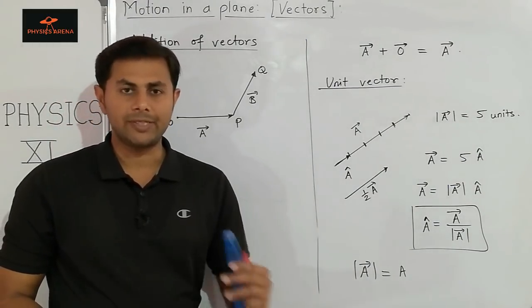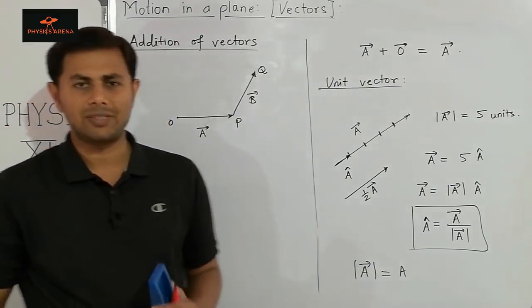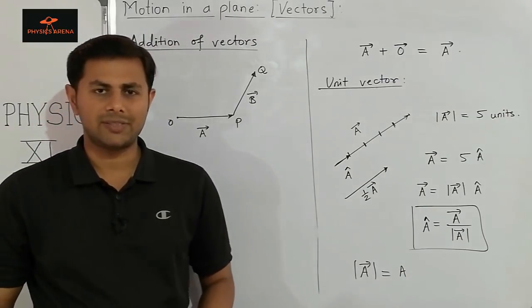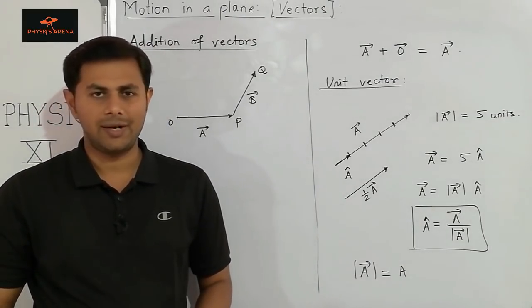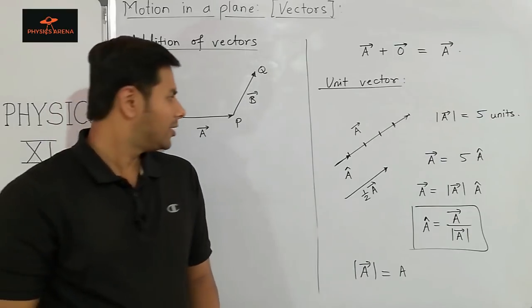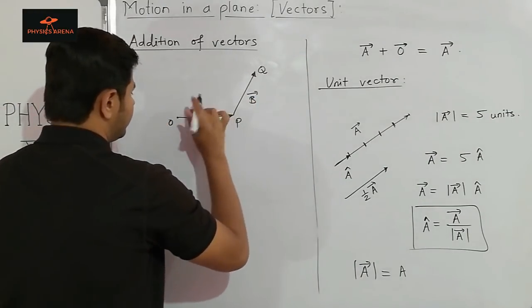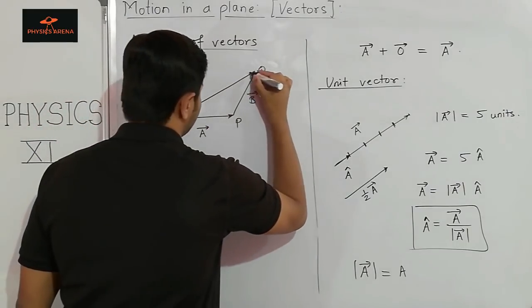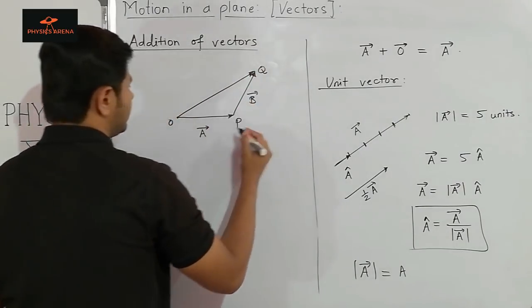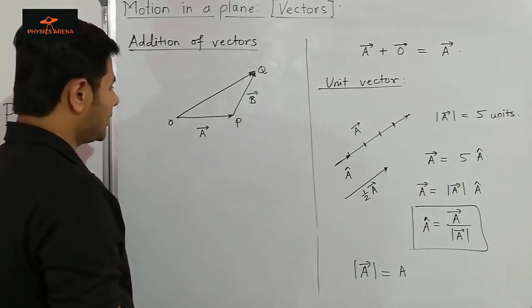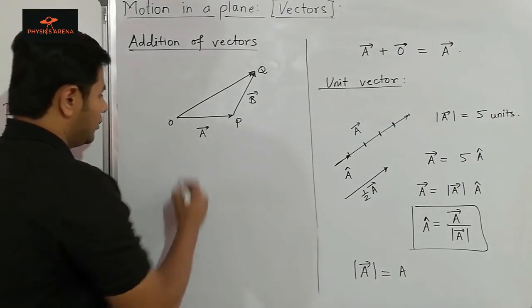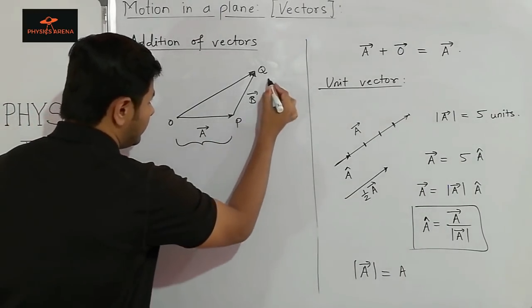What will be the complete displacement? We know that displacement is the shortest distance between the start point and end point of motion. So it better be this OQ bar. This thing is the total displacement. But these are partial displacements.